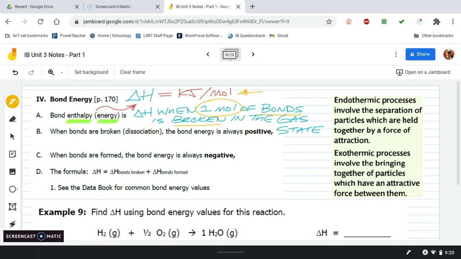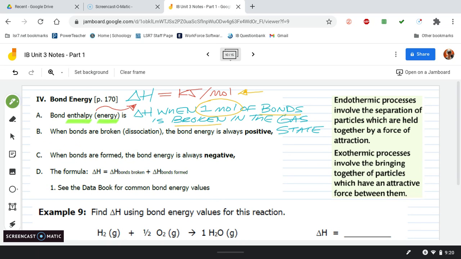What does that mean? That means that it takes energy to break a bond. If you have something like water, it's going to stay water unless you add some type of energy to break the bonds between the hydrogens and the oxygens. So we are breaking apart bonds that already exist.